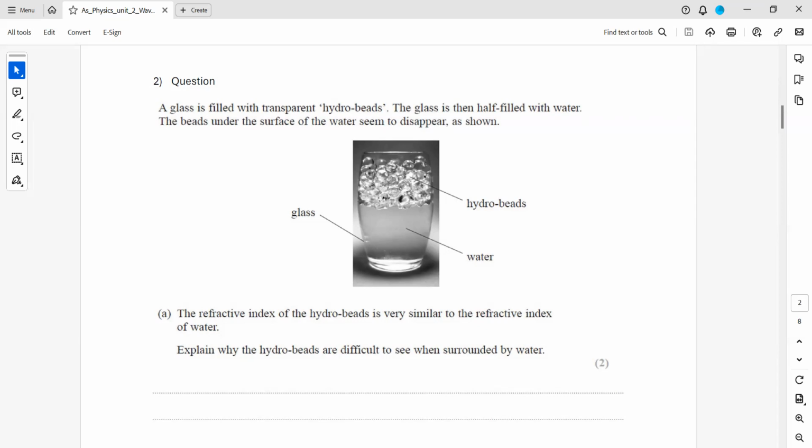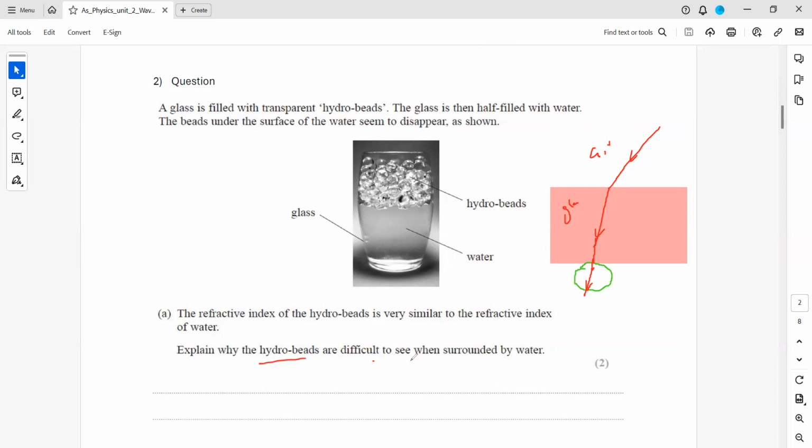For example, if light is traveling from air to water, why does the direction of the light change? Because the refractive indices of air and water are different. But if the bead has the same refractive index as the water, it will not cause any refraction, so the light will pass through, because the density of the medium does not change, so it won't change the direction.